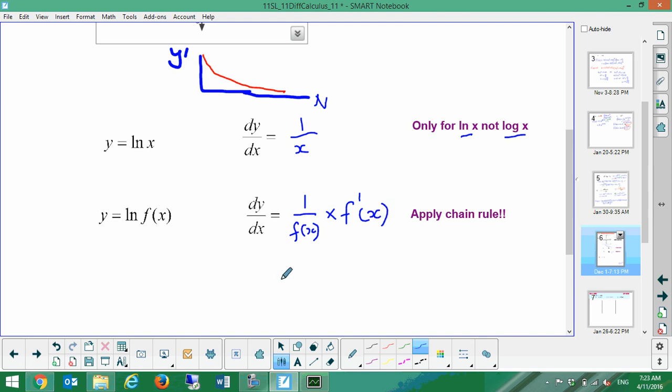All right, so we could write that then as f dash x divided by f of x. So that's your chain rule.